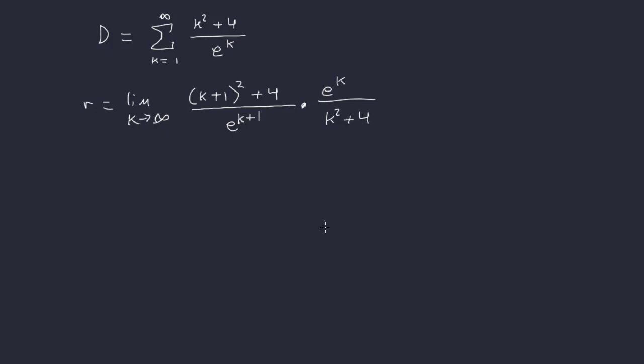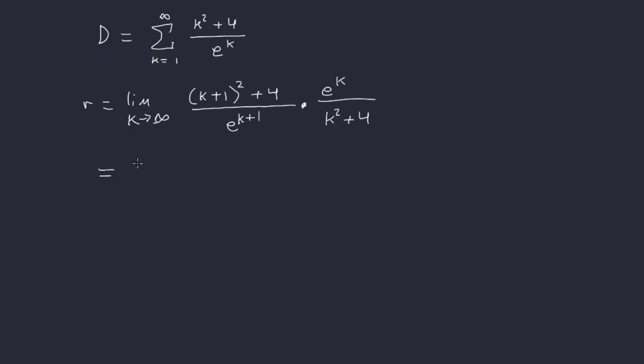Okay, now I will mention sometimes if you see a single something to the k with some other k stuff, the ratio test works really well there too. If you just have a something to the k, okay. If with other things with it, okay.